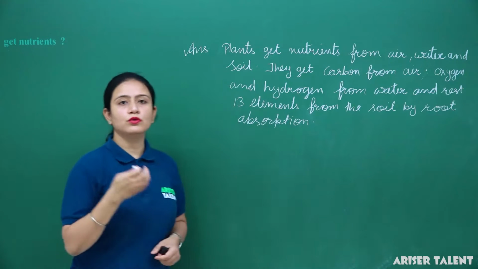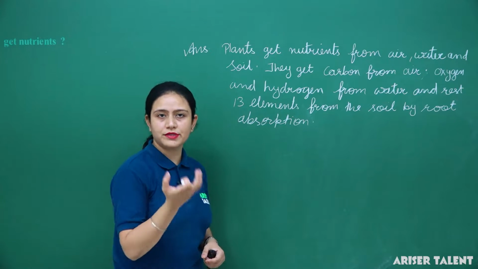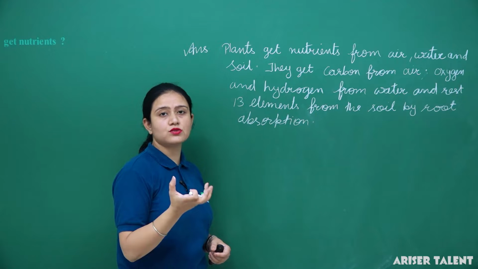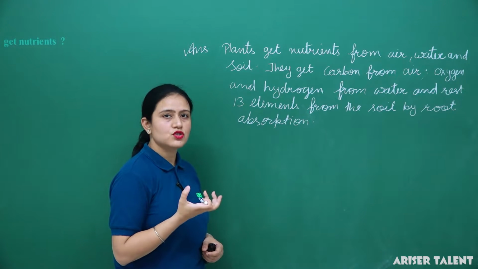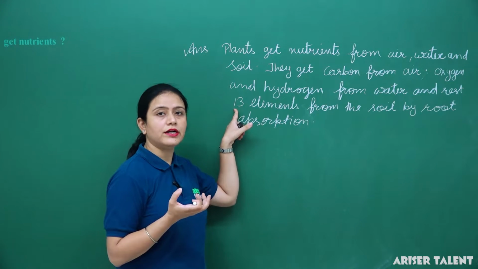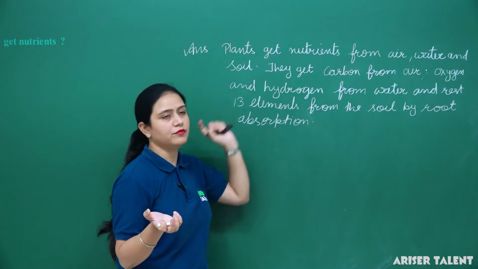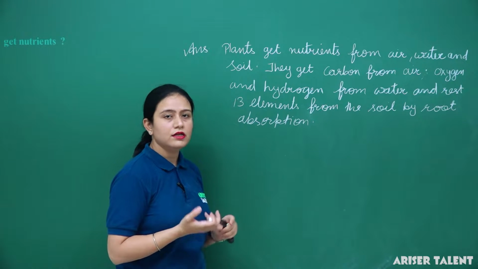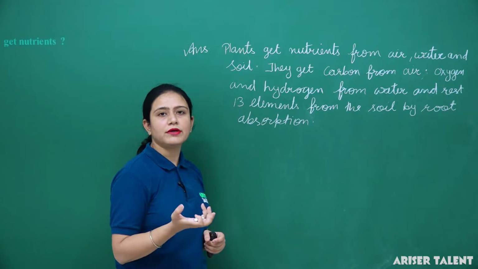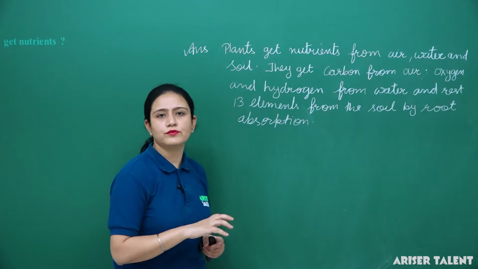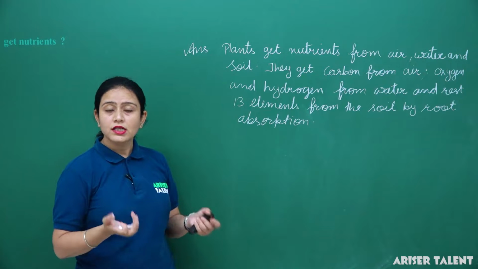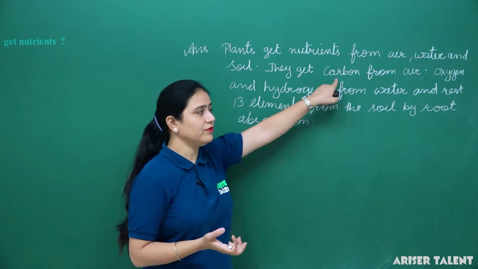As we all know, roots of the plant are present in the soil, and these roots absorb minerals from the soil. Generally, 13 elements are present in the soil itself. The rest 3 elements they get from the air and water. Clear? So we all know that plants use carbon dioxide from the air for photosynthesis, to synthesize their food. Thus, we can say that they get carbon from the air.